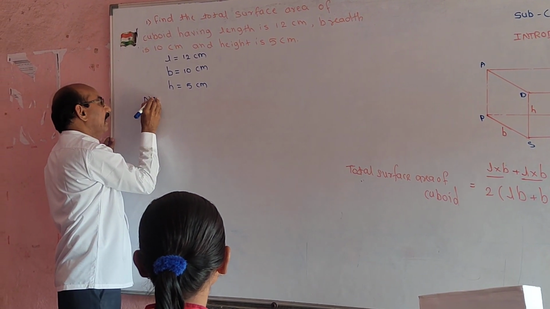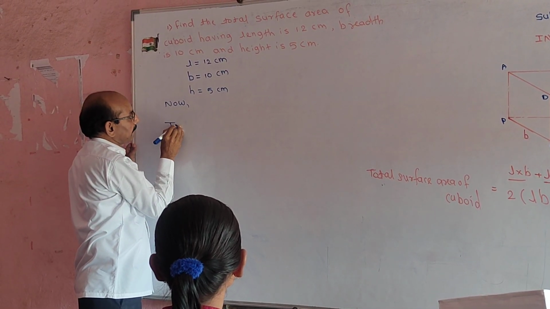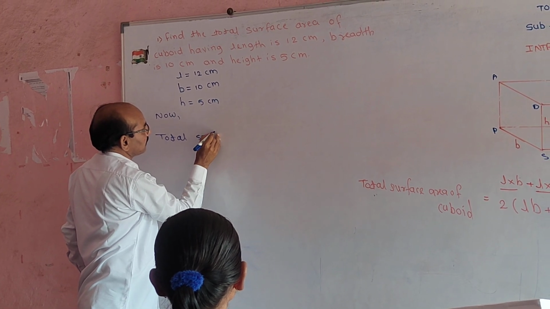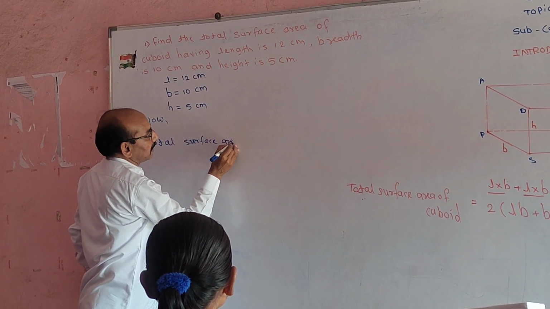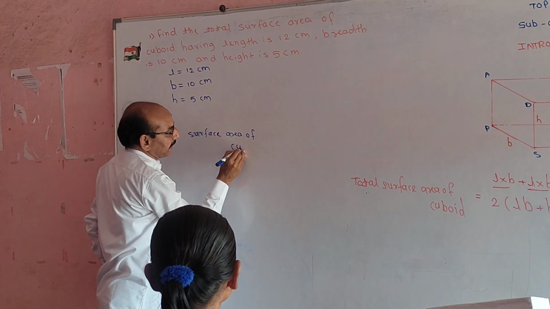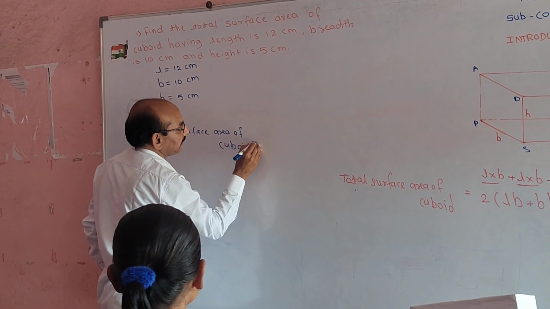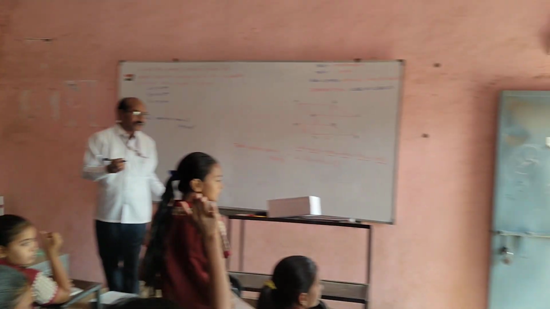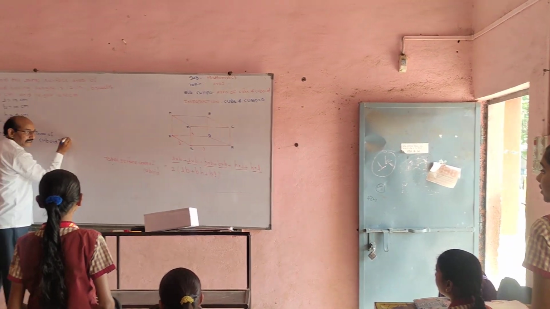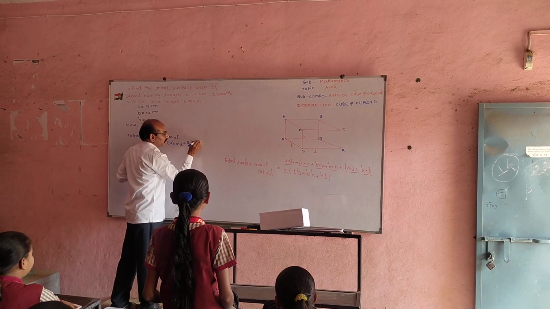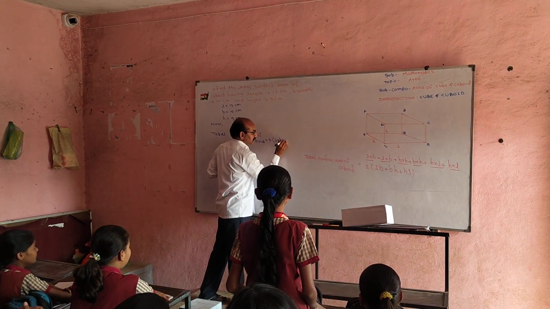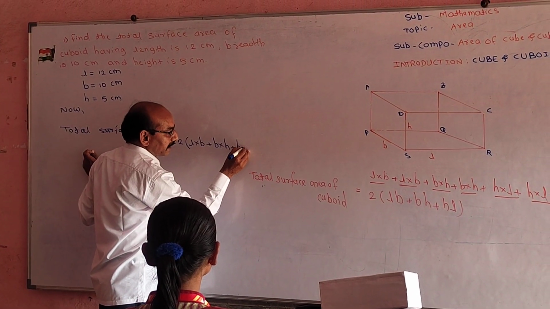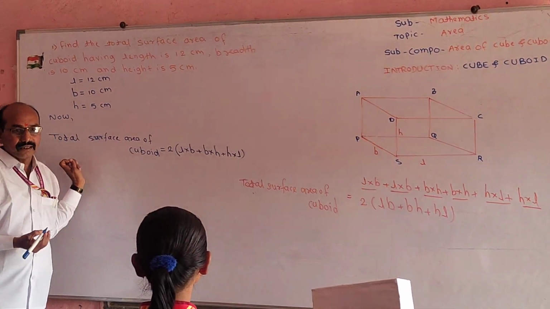Now we have to find the total surface area of the cuboid. So tell me its formula. 2 in brackets, length into breadth plus breadth into height plus height into length. Yes.